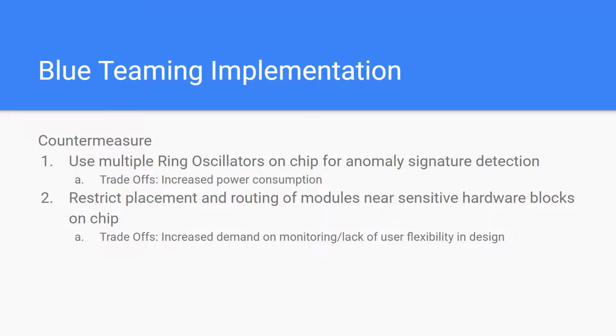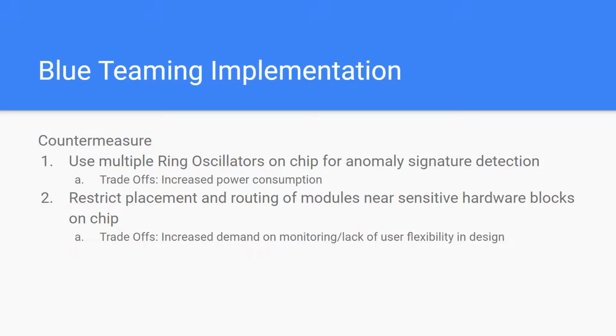Because each chip is unique and every ring oscillator will oscillate at a different fundamental frequency inside the chip, if there is a change on the chip or there's some kind of malicious logic, we can detect that with a ring oscillator. One trade-off is it increases the power consumption, but overall ring oscillators are not too heavy on power consumption.